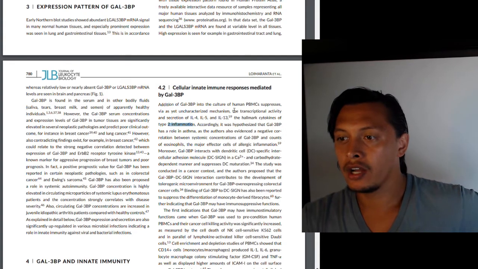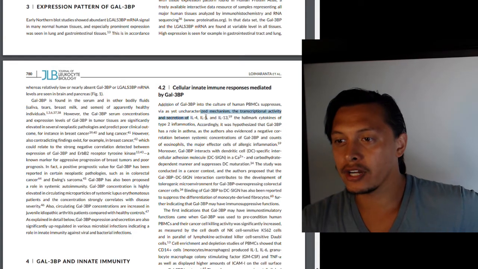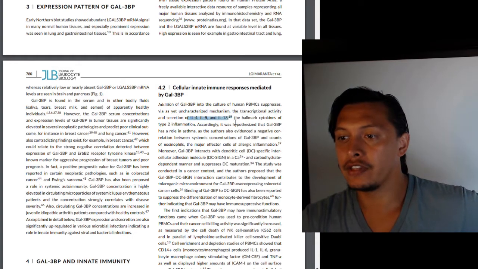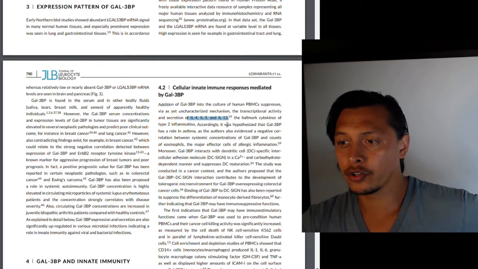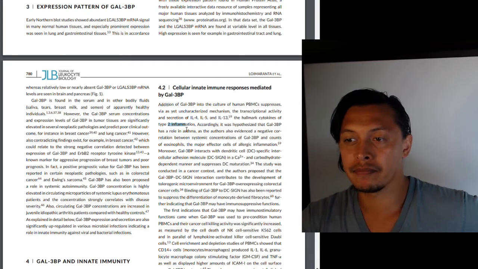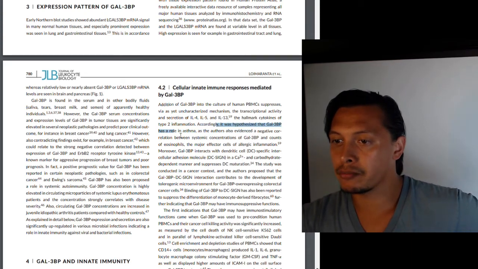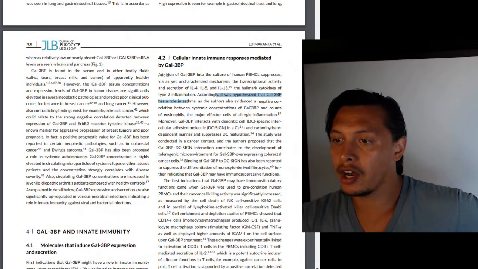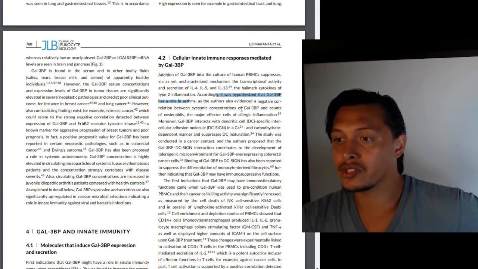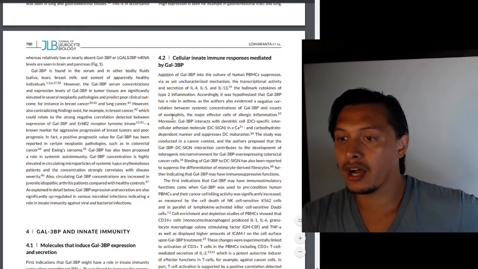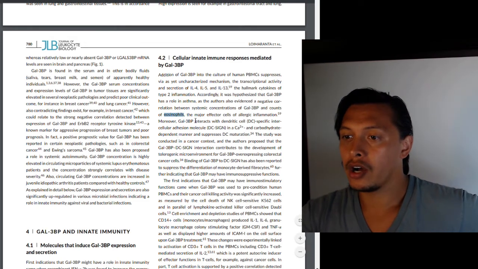So they are preventing the transcription of these interleukins, which are cytokines of type 2 inflammation. So accordingly, it was hypothesized that galectin-3 binding protein has a role in asthma, as the authors also evidenced a negative correlation between systemic concentrations of Gal3 binding protein and counts of eosinophils, which are the major effector cells of allergic inflammation.